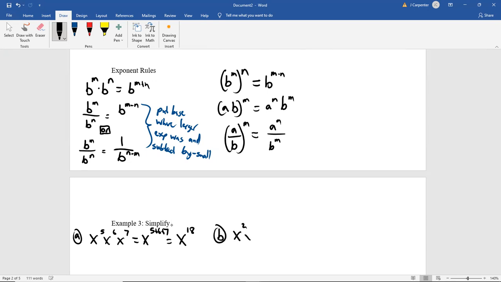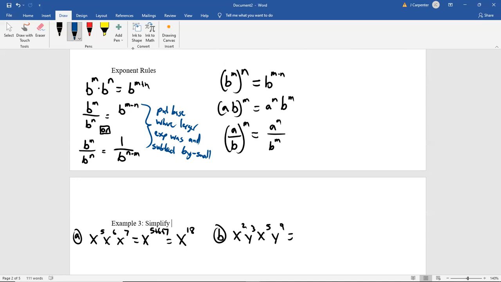If I had x squared times y to the 3rd times x to the 5th times y to the 9th. Now, these are not all the same bases, so I can't just say this is 2 plus 3 plus 5 plus 9 as an exponent. You can only combine the things that have like bases.